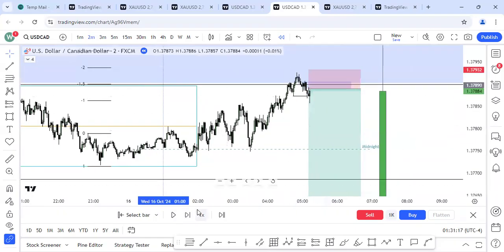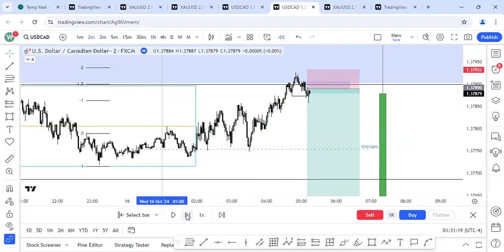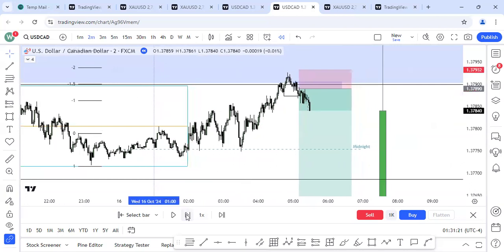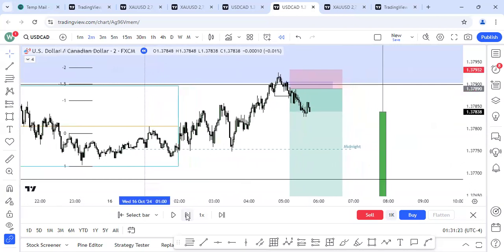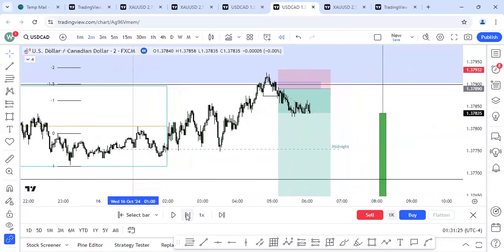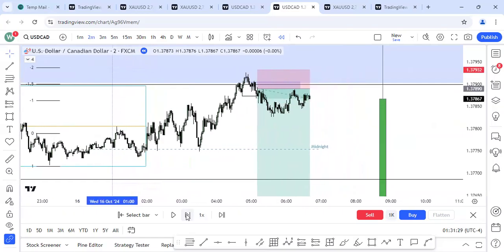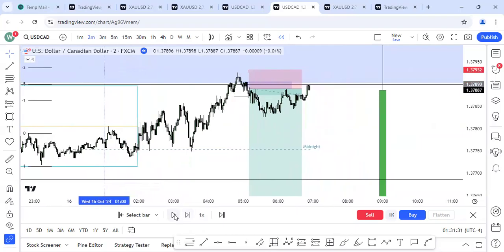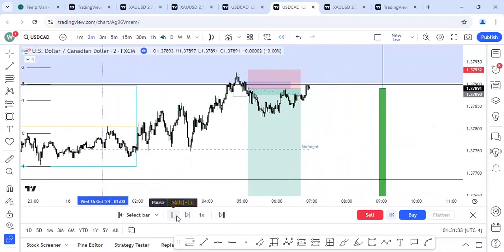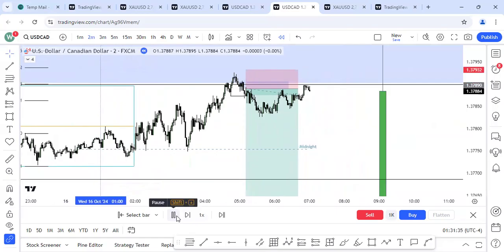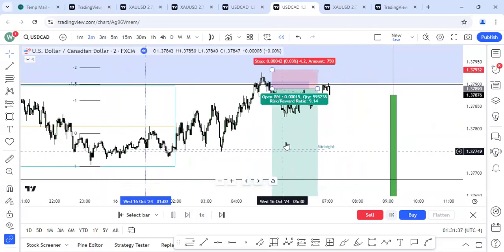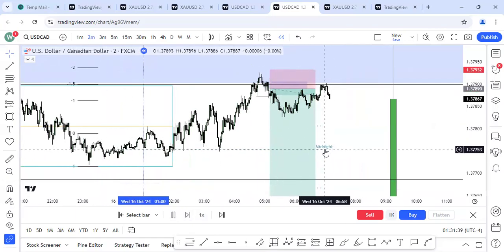We are already inside the trade. Remember that we are selling above midnight open.